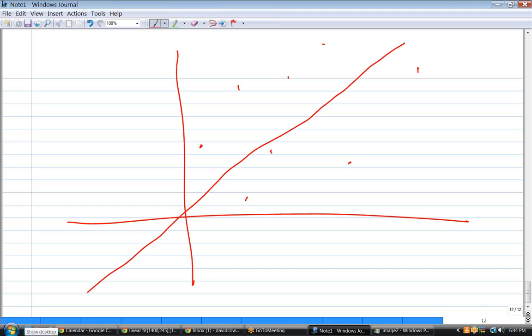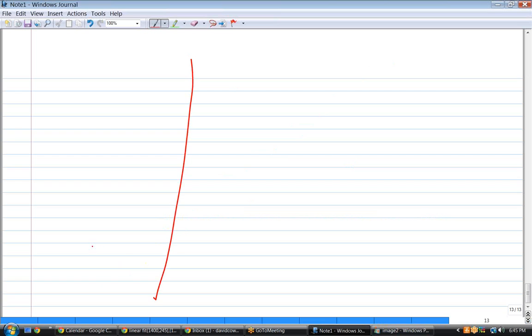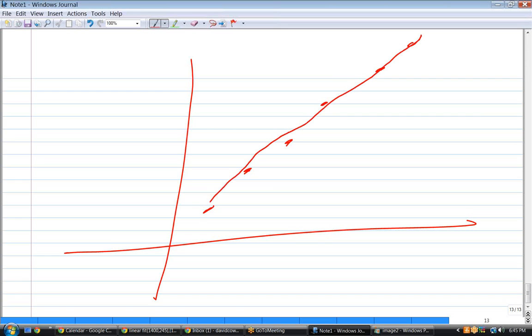That's what R squared measures. When you come up with a linear regression and it gives you a value for R and R squared, that is the measure of the quality of fit. This is a bad fit. Let me show you a good fit. If I draw a straight line through that, it's almost a perfect fit, right?